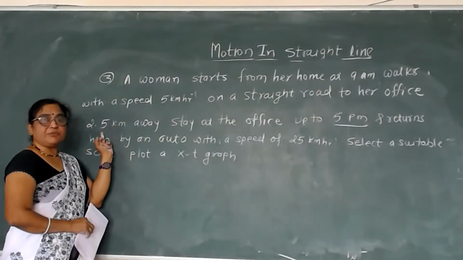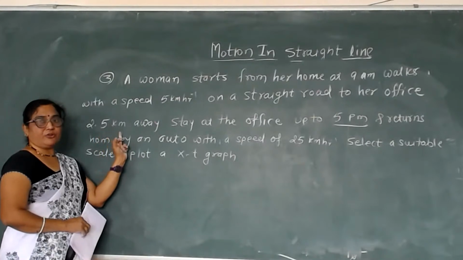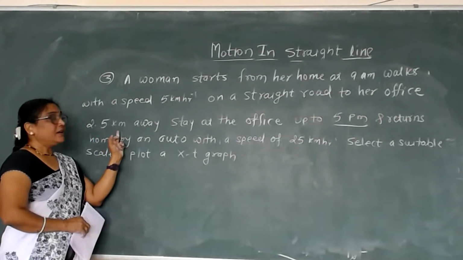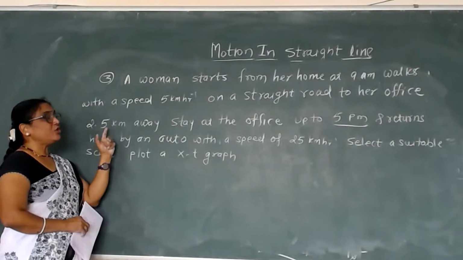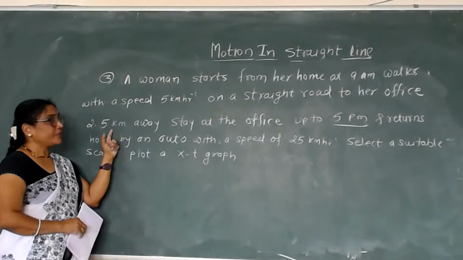What is the distance of the office? 2.5 km. Means the distance between home and office is 2.5 km.